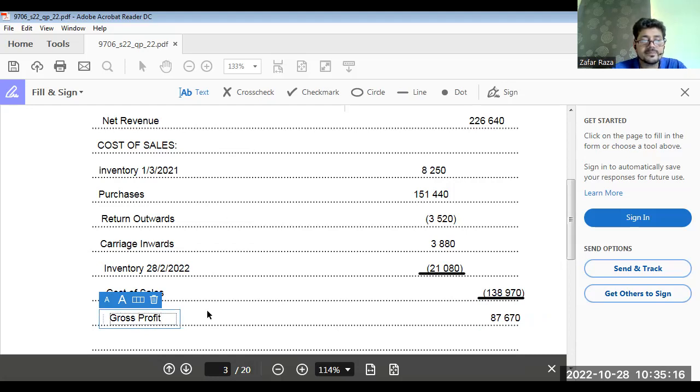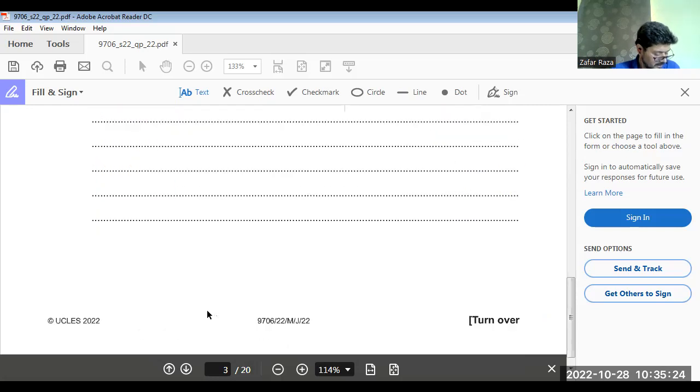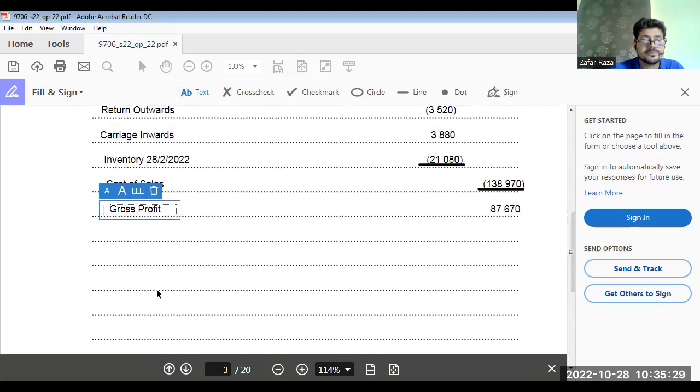Now we'll come to expenses. Our heading, expenses. Now the first expense.